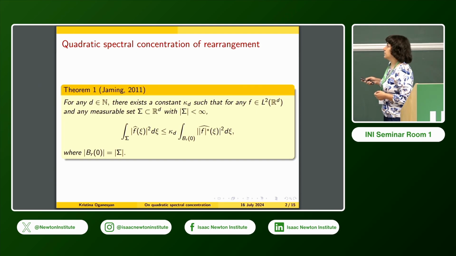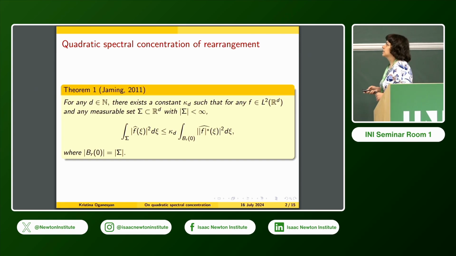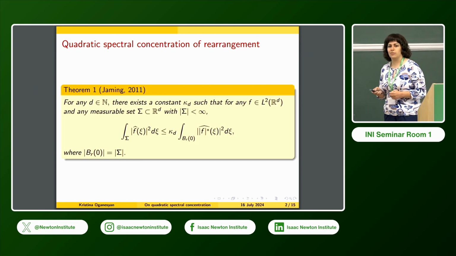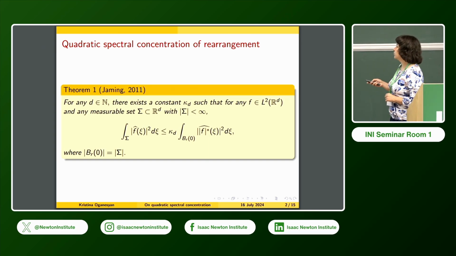This constant here depends only on the dimension. This is just one slide where we have multidimensional. From now on, we will deal with the real line, and our focus will be on the cases when we can remove this constant, just put one.